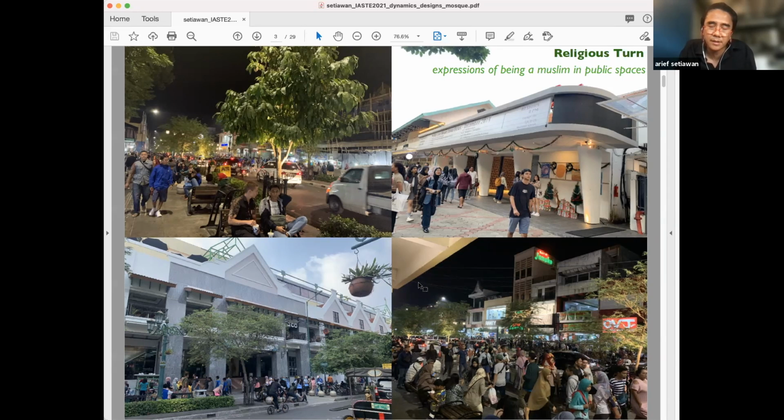This started in the late 90s with the popularity of TV and radio preachers, but as we all know, our media has shifted from print to electronic media, and now it is the prevalence of digital media.